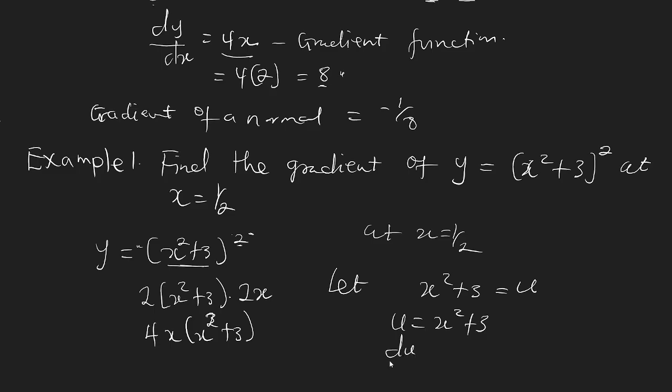Differentiating u with respect to x, du/dx will be 2x. Now, we said let this be u, so it means that y will be equal to u squared. So dy/du will be equal to 2u.